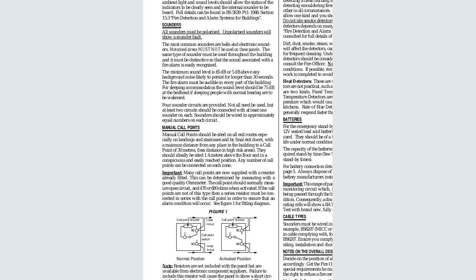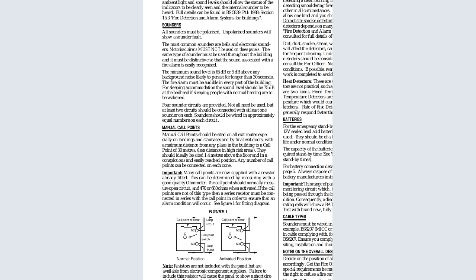The minimum sound level is 65 decibels, or 5 decibels above the background noise likely to persist for longer than 30 minutes. The fire alarm must be audible in every part of the building. For sleeping accommodation, the sound level should be 75 decibels at the bed head, if sleeping people with normal hearing are to be awakened.